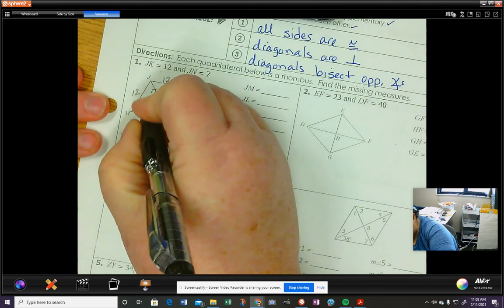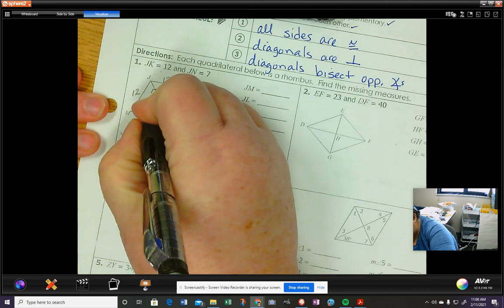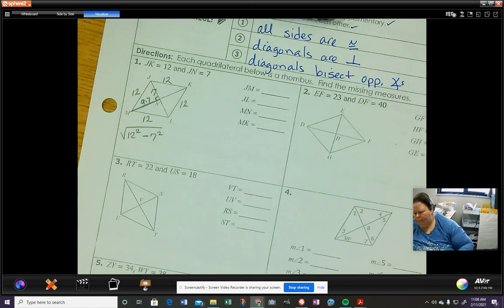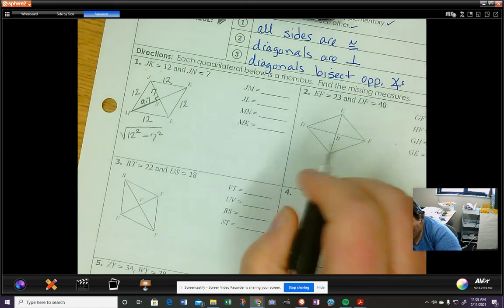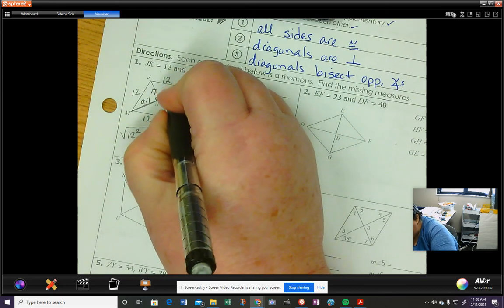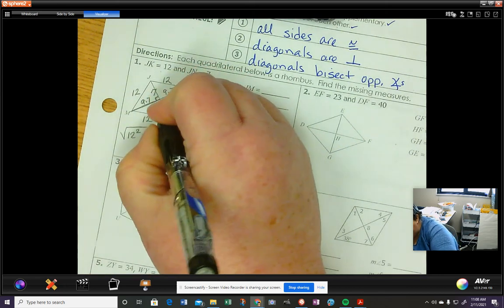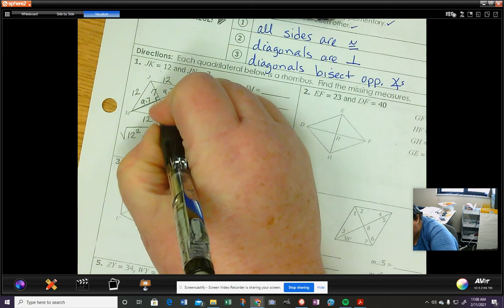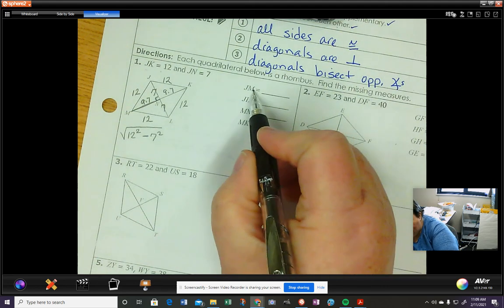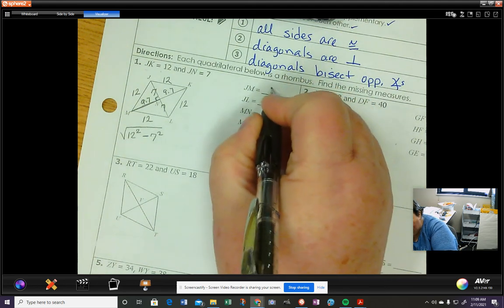So this side is 9.7. All right, so this side has to be 9.7. This side is 7. Right? Okay. So JM is 12.